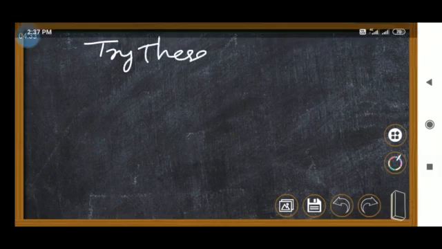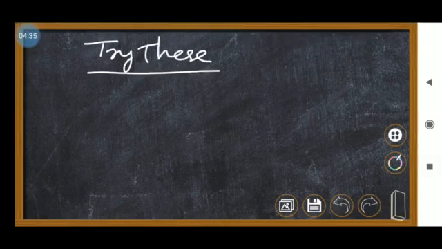In your book they gave a "Try this" in a tabular column. First we will solve that. They gave the time, the distance traveled by Karan, and the distance traveled by Kriti.